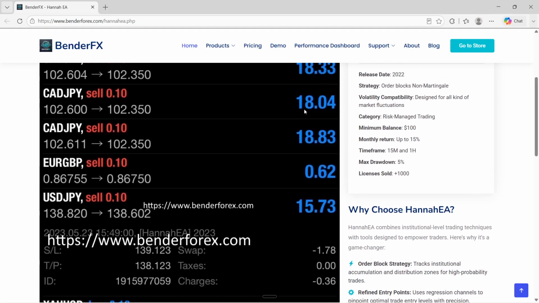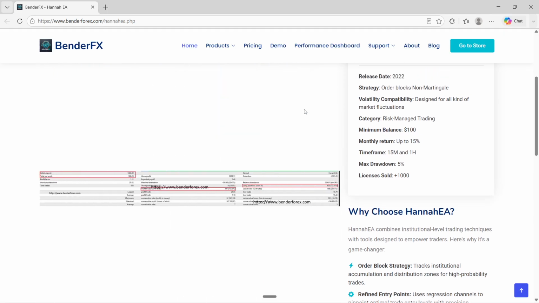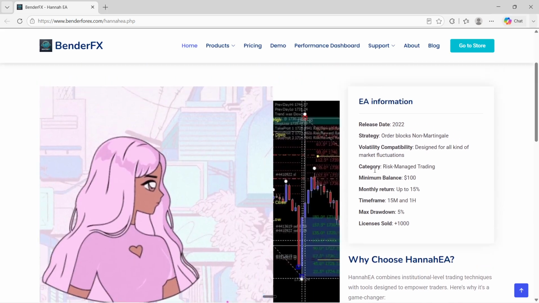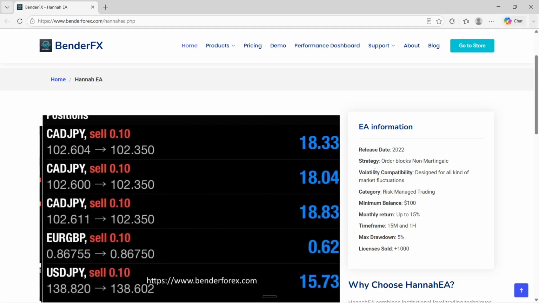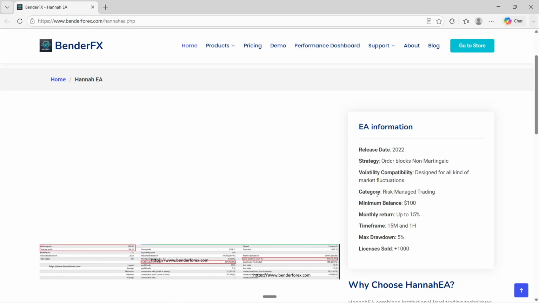So the key features include order block detection, regression channel refinement for entries, volatility filtering, single shot execution, hard stop loss and take profits, trading options, and a complete set of templates and set files for pairs such as CAD-JPY, EUR-GBP, XAUUSD, and NZD-JPY.